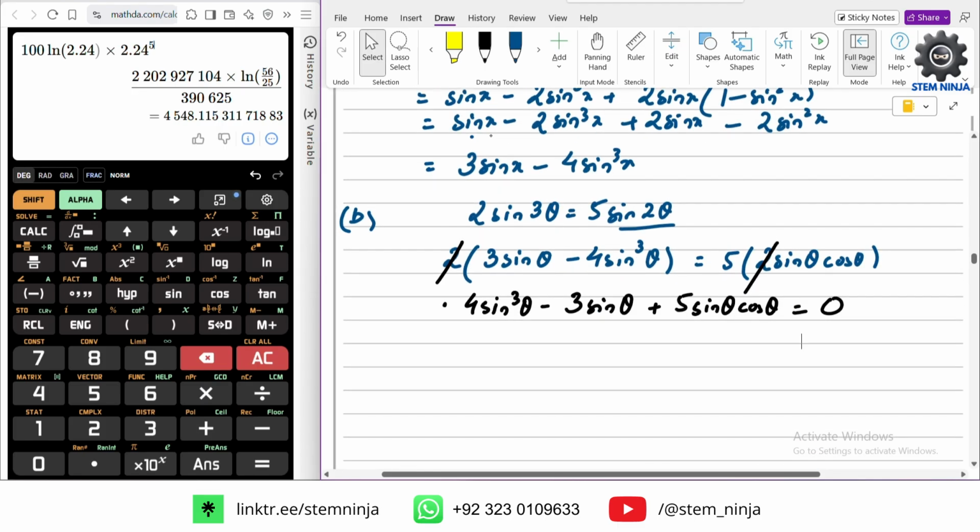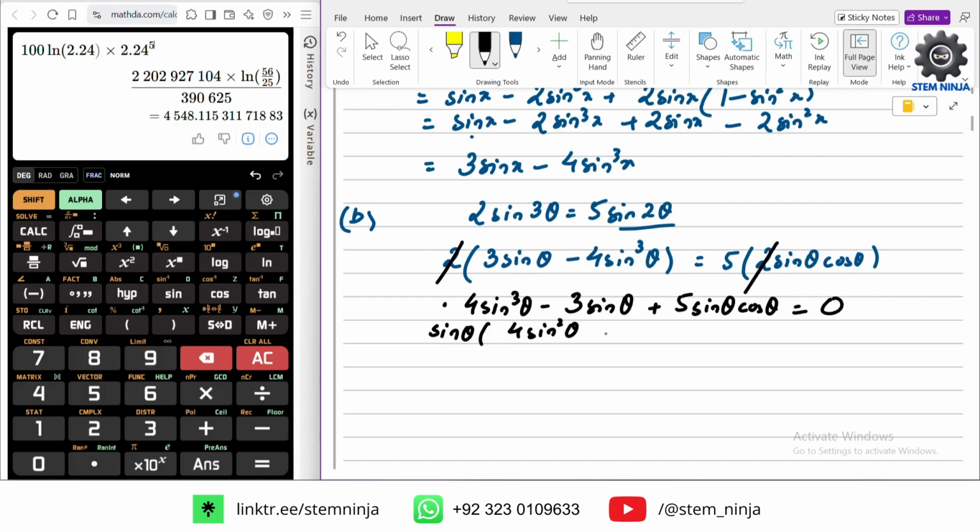Right, okay. Let's not panic. So 4 sine cubed goes on the other side, and 3 sine theta becomes negative. Now if we factorize out sine theta, you get 4 sine squared theta minus 3 plus 5 cos theta equal to 0.